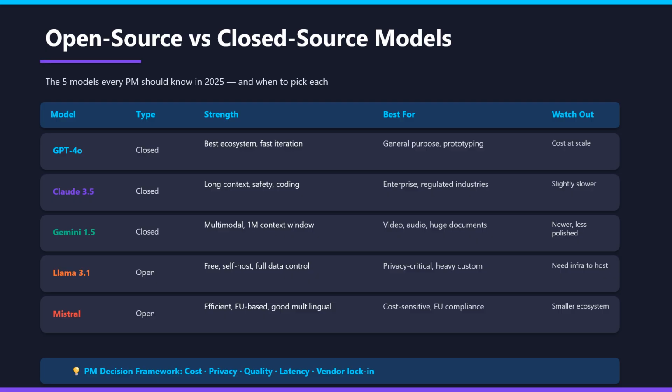Watch out for cost at scale. Claude 3.5 from Anthropic, closed source, strength is long context, safety, and coding. Best for enterprise and regulated industries. Watch out is it's slightly slower than GPT-4.